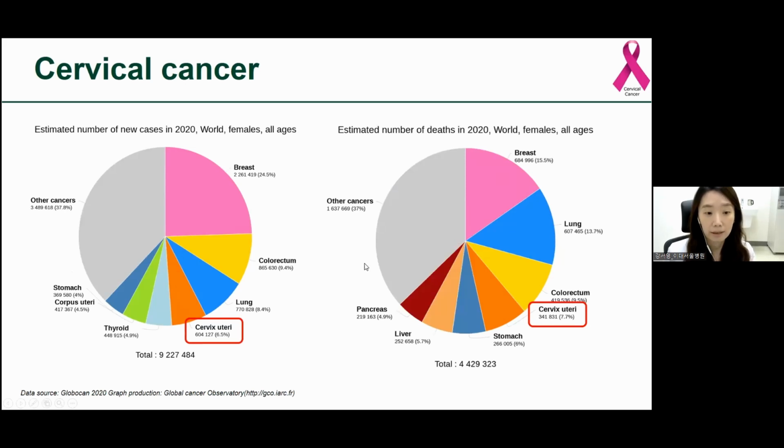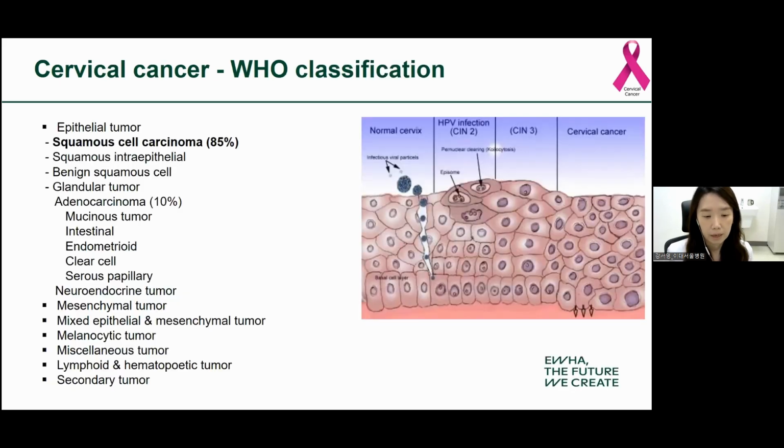Maybe you can see this slide. Actually, I already explained the incidence and the number of deaths in cervical cancer in 2020. So next, this is histological subtypes of cervical cancer. Here is the updated classification of tumors of the cervix as per the WHO classification of tumors of the female genital tract.